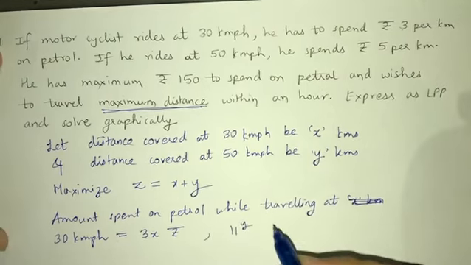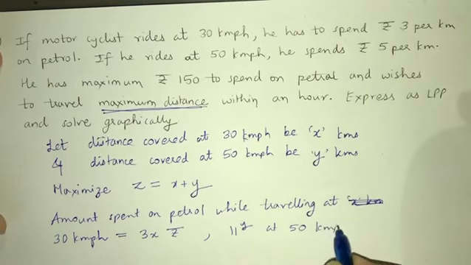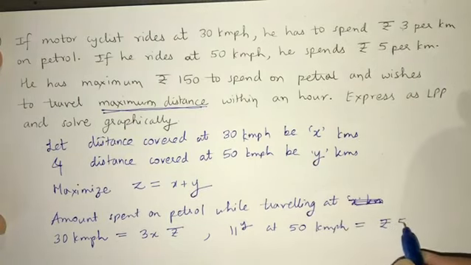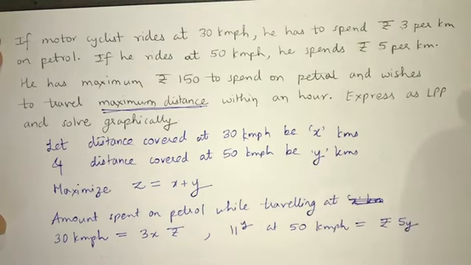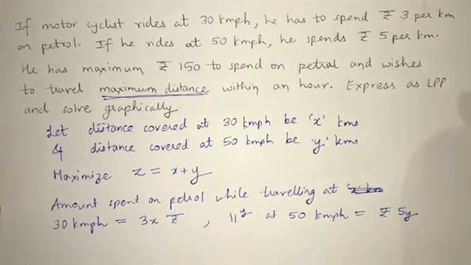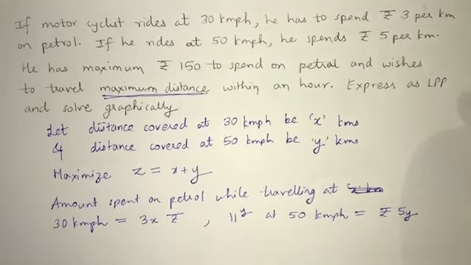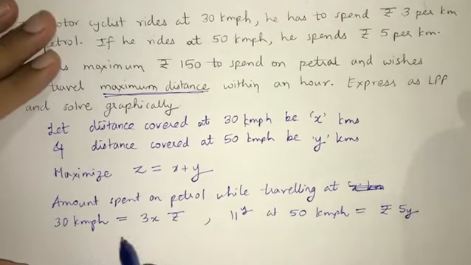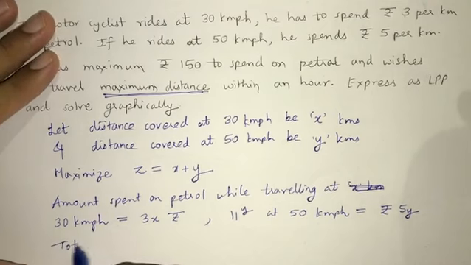Similarly, at 50 kilometers per hour, how much will be spent? Rupees 5y. Here it is rupees 3x, there it is rupees 5y, because it is 3 per kilometer at 30 and 5 per kilometer at 50. So at 50 kilometers per hour, we have 5y.